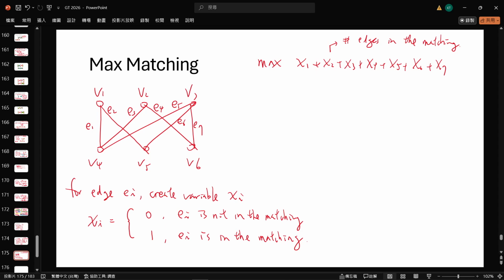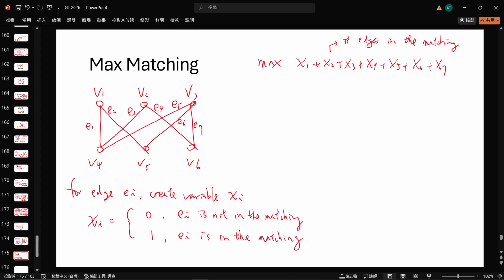Okay, so next, the constraints. Without the constraints, you can just say x1 is 1, x2 is 1, all the variables are 1. But there are some constraints. Because in a matching, edges cannot share endpoints. They cannot touch. So we have to make sure that these edges in the matching do not share endpoints. So how to use inequality to model these constraints?